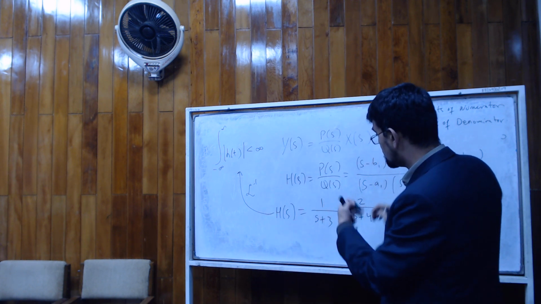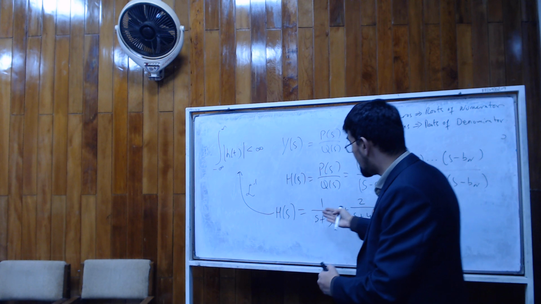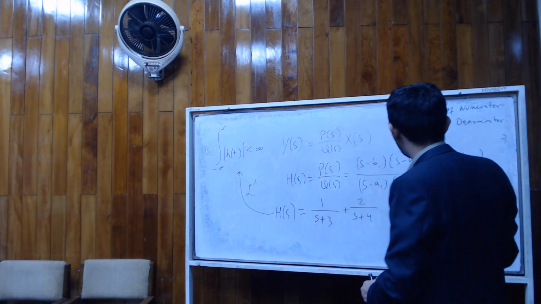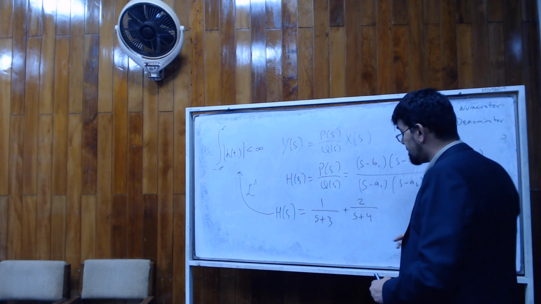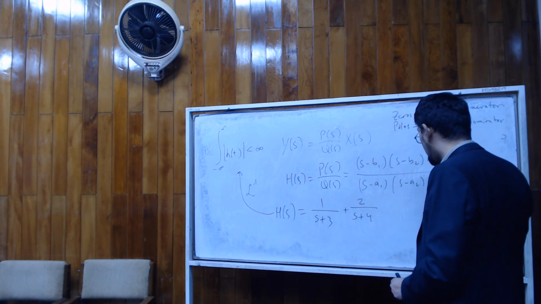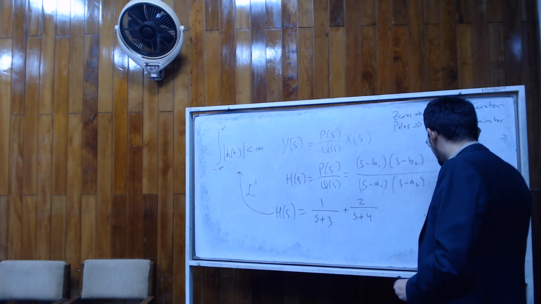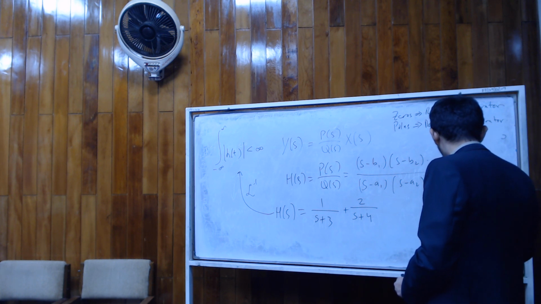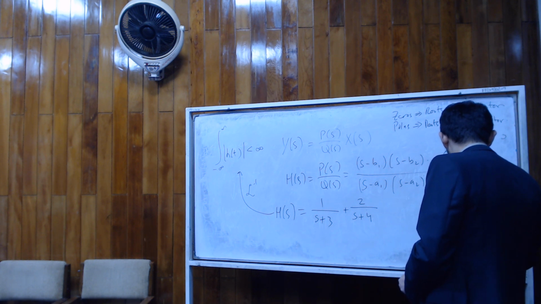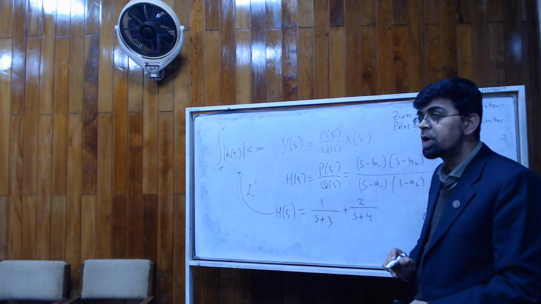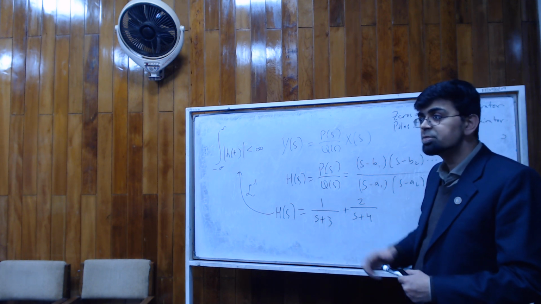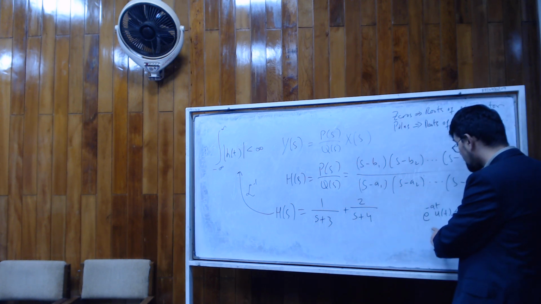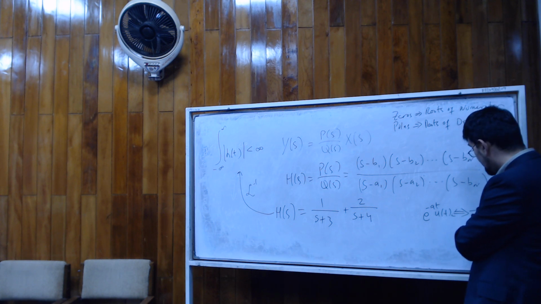Okay, let's try to see what happens. If I take the inverse Laplace, you probably don't remember that formula, but it was like e^(-at)u(t) had a Laplace transform 1 over s plus a. You don't have to memorize that thing, you'll have the table, but I'm just helping you recall here. It works both ways.